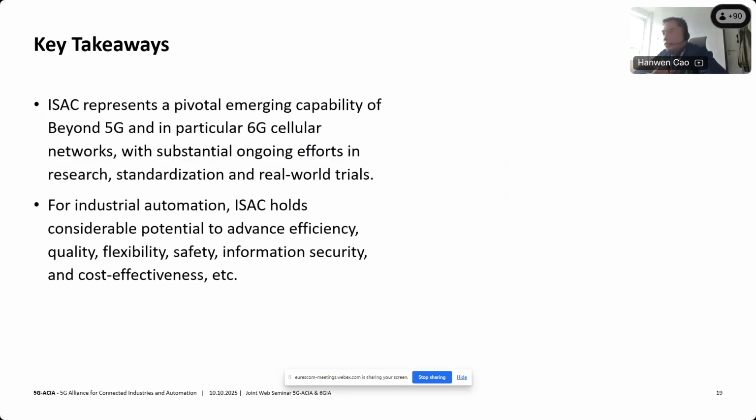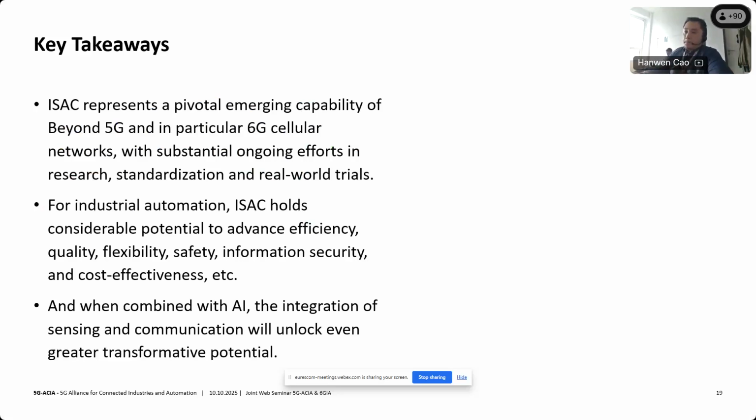And for industries, we think ISAC holds considerable potential to advance efficiency, quality, flexibility, safety, information security, and cost effectiveness.